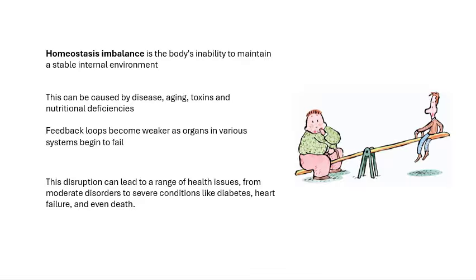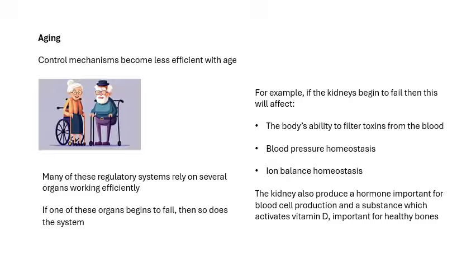Blood pressure: the kidneys are involved in the system which controls our blood pressure, so maybe you'll start to get high or low blood pressure as you get older. The ion balance needs to be balanced, and our kidneys are very much involved in that as well. The kidneys do other jobs too.